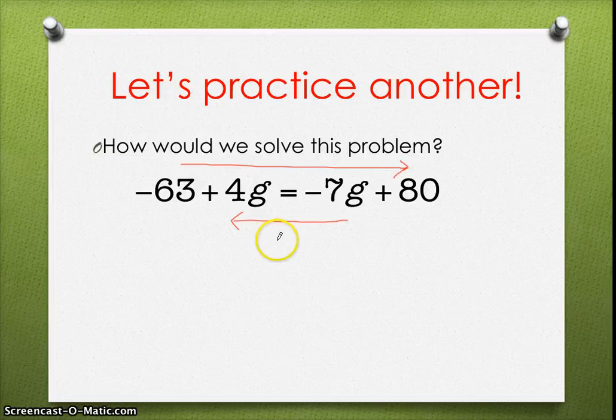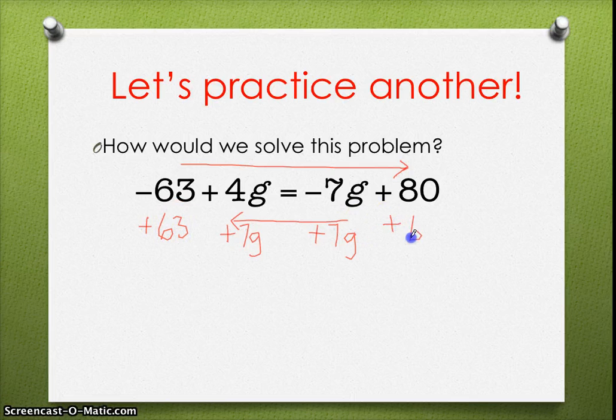Good, so if you had solved this problem, you would have added a 7G to both sides. Added a 7G because you started off with a negative 7G, so you're going to have a positive 7G. If you are going to move the 63 over to the right side, since you subtracted a 63, now you have to add a 63.